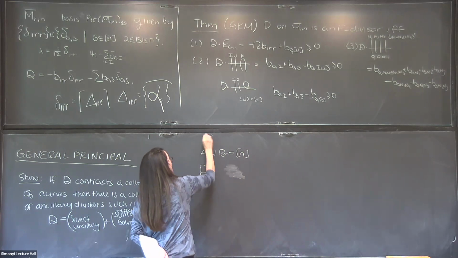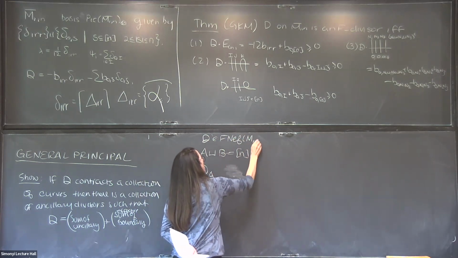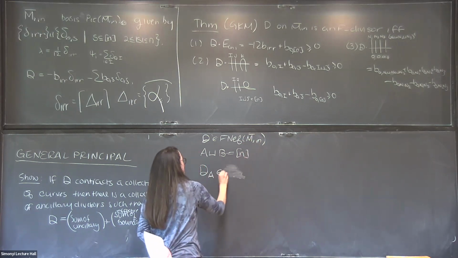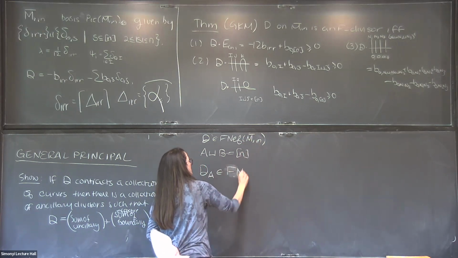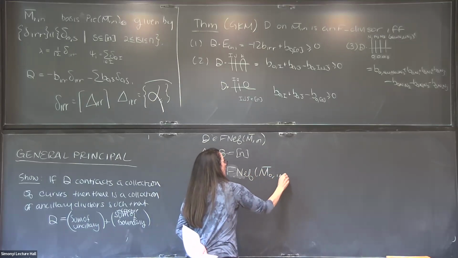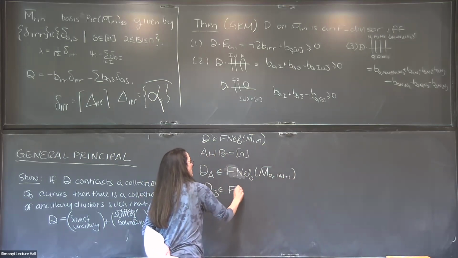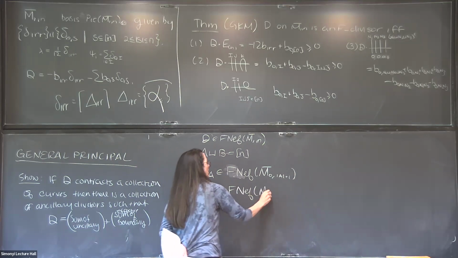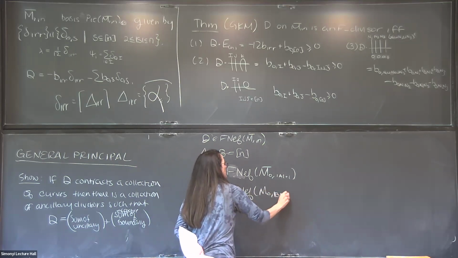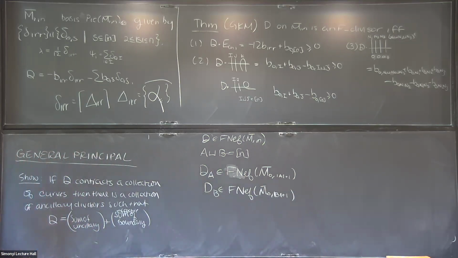I'm starting with D an F-nef divisor, and the lemma says that DA is an F-nef divisor on M0 A plus 1, and DB is an F-nef divisor on M0 B plus 1. It's sort of like a projection of the divisor onto some subset of the basis.